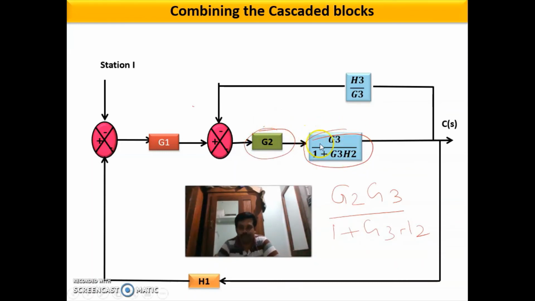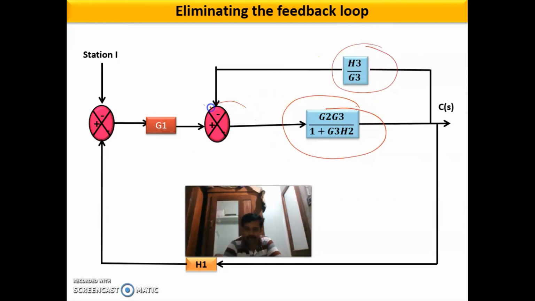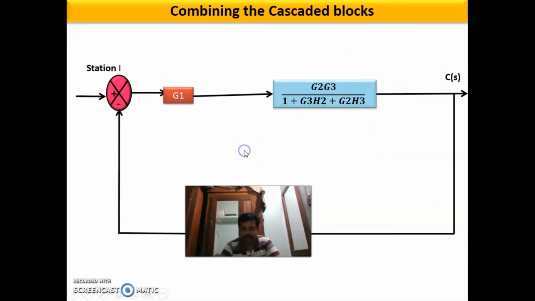Now, analyzing this figure, again you get one feedback loop. This is G and this is H, and the type of feedback is negative. Again, G divided by 1 plus GH. You have to substitute, and after substitution you'll be getting this value.